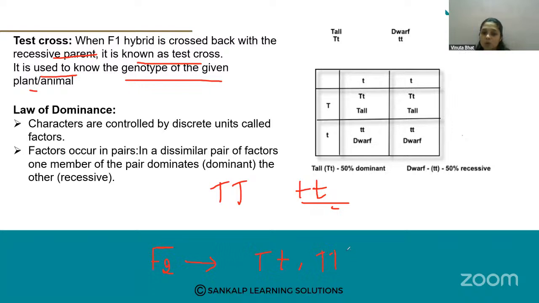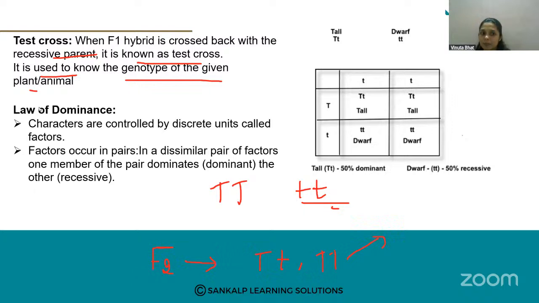So is it homozygous or the heterozygous? So that we can find out by doing the test cross. So idanna find out maadabahudu. F2 generation plants alli are they homozygous or heterozygous? Homozygous condition alli ideya, heterozygous condition alli ideya anta find out maadabahudu.